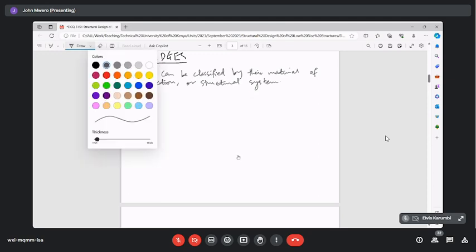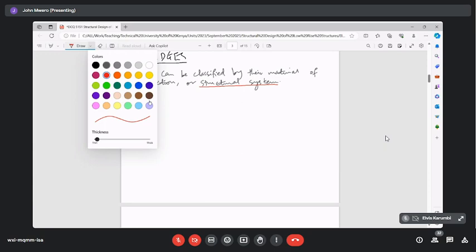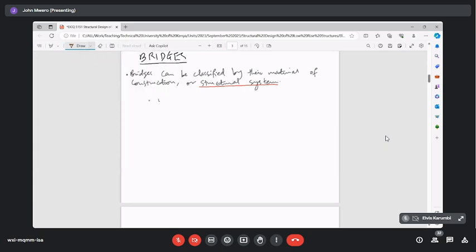So if we look at the structural systems, we talk of bridges that are simply supported or continuous beam, or they could be continuous.